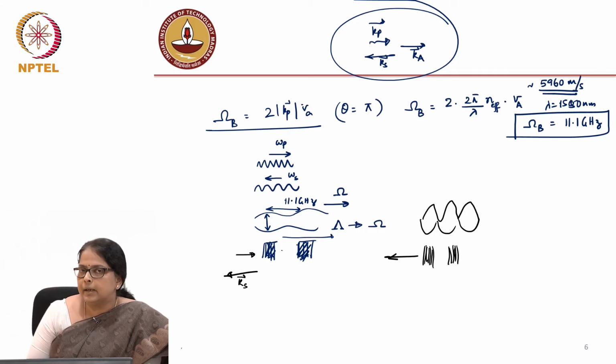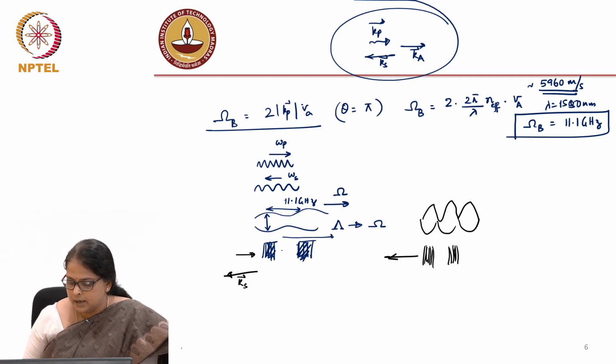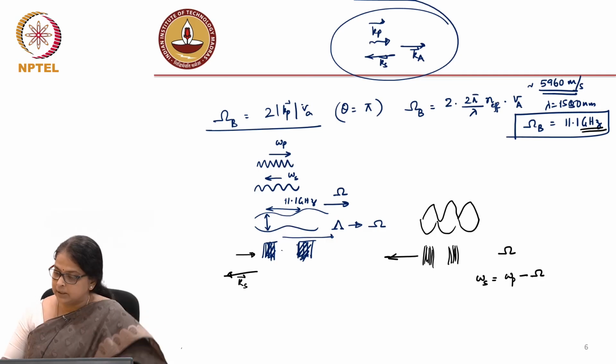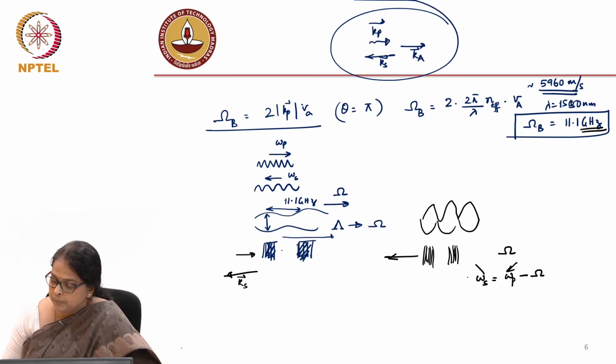Okay, but it doesn't matter whether it is a spontaneous process or a stimulated process. In both cases, your Stokes gets shifted by a frequency omega. So this condition, omega Stokes is equal to omega p minus omega b. One has to be very careful here. This omega b is in gigahertz, but when we write this relation, you have to be careful that this is in 2 pi radian.